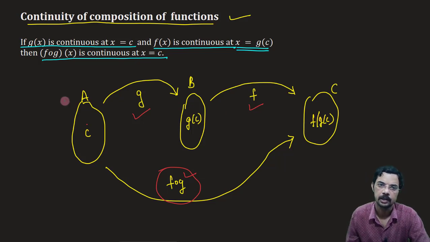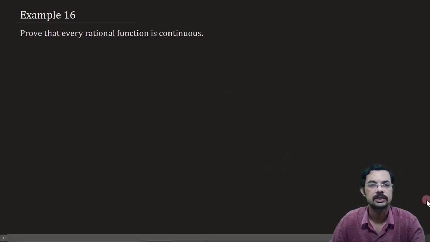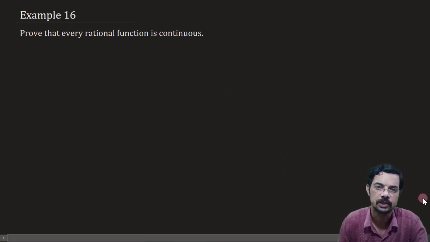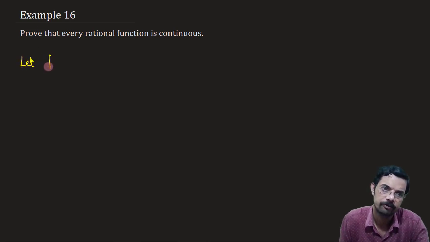Now let us look at different problems relating to continuity of composition of functions. Prove that every rational function is continuous. We know that a rational function, say f of x, is in numerator by denominator form.